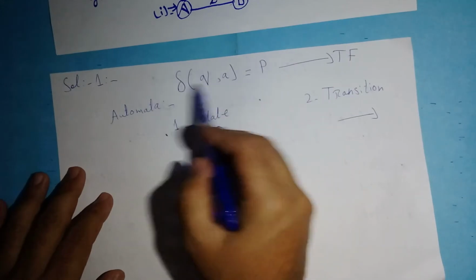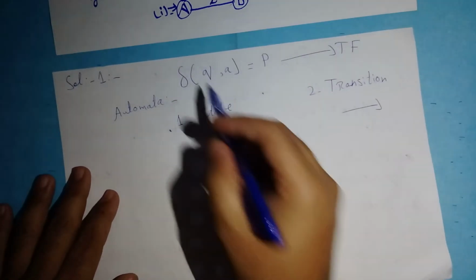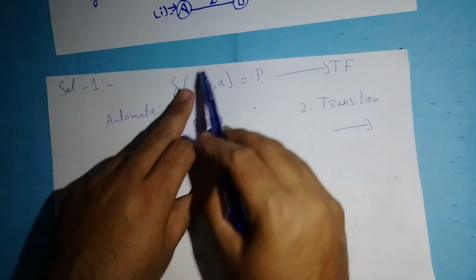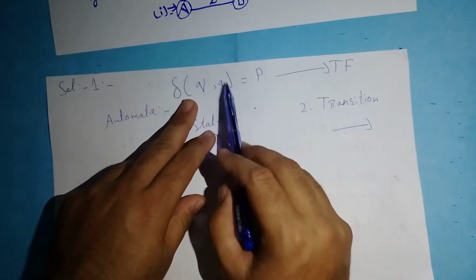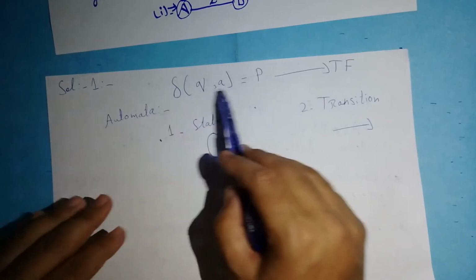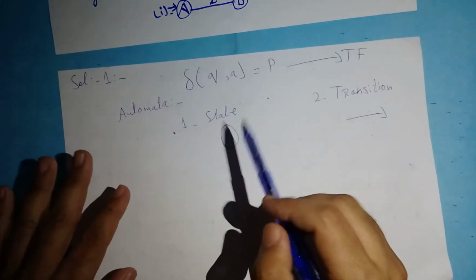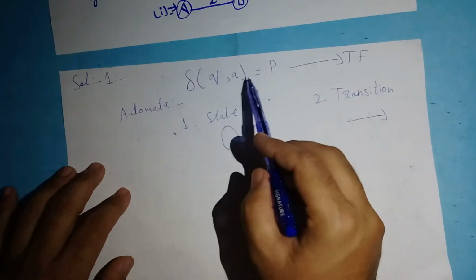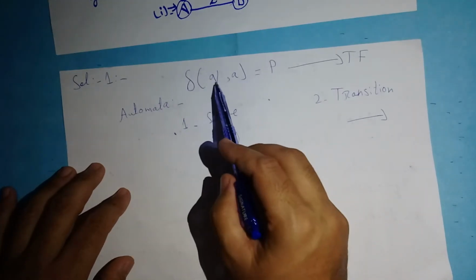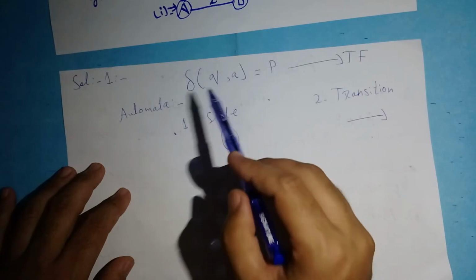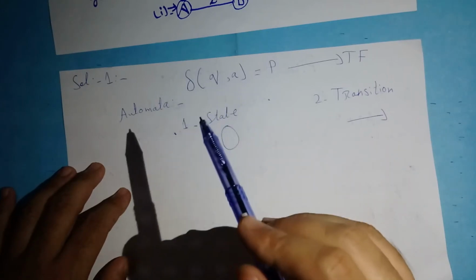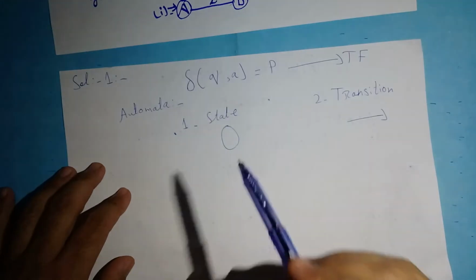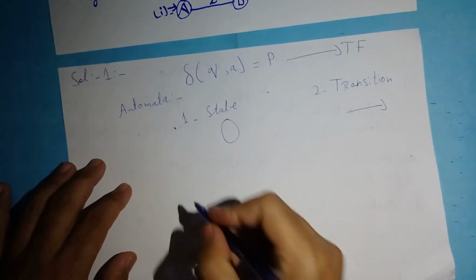Now this is the given transition function, and I'm going to make the automata. First of all I'm going to solve the bracket. In the bracket there are two variables. The first variable is q. Every time, the first variable or first value in the bracket is going to be your first state.